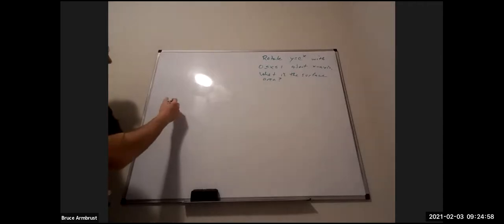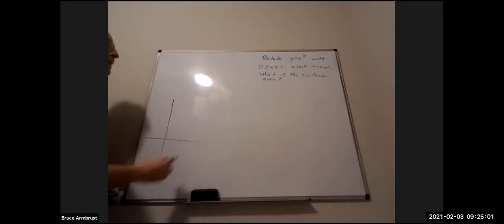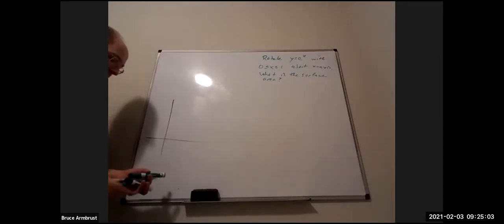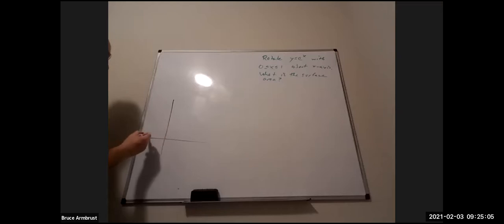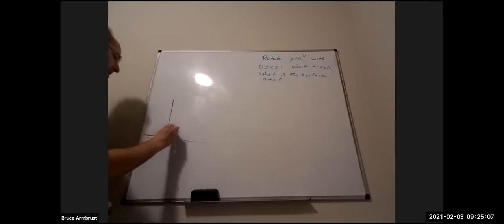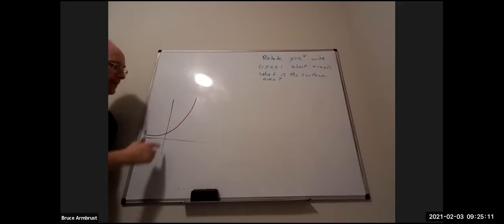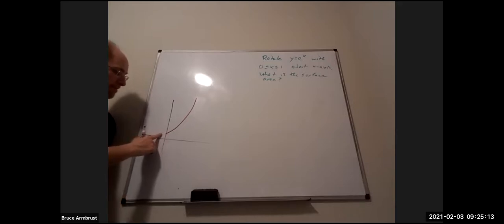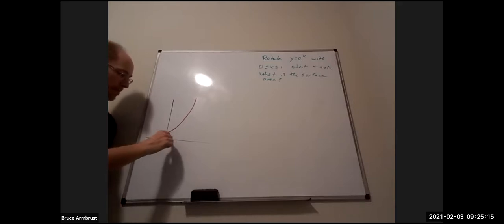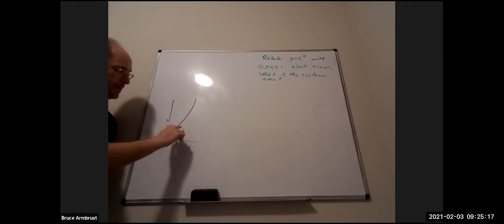All right, so let me start with a picture over here. So e to the x looks like this. We're going to be between 0 and 1. Let's say that that's 1.